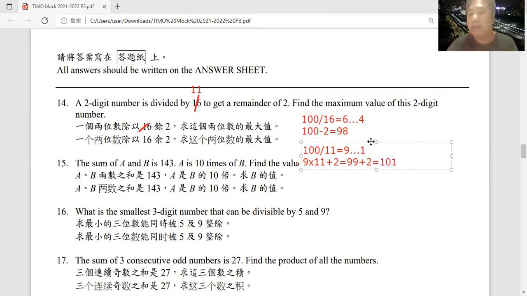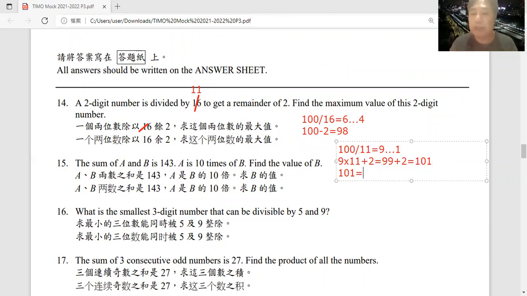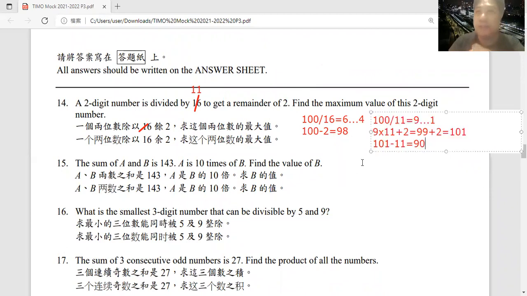So it's over 100, which is a 3-digit number, so I cannot take this one. So I have to subtract 11 from 101. So this is 90. Then if the number is 11, it will become 90 here. So you have to check if it's over or not.